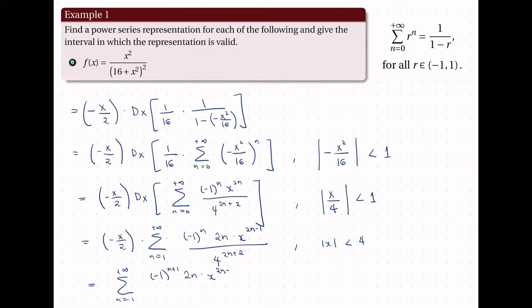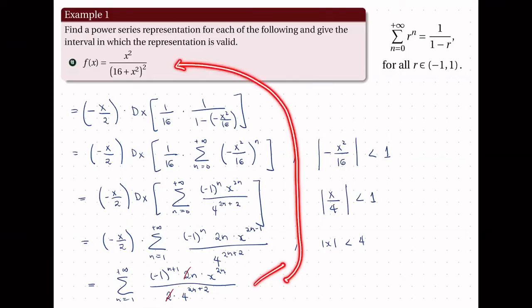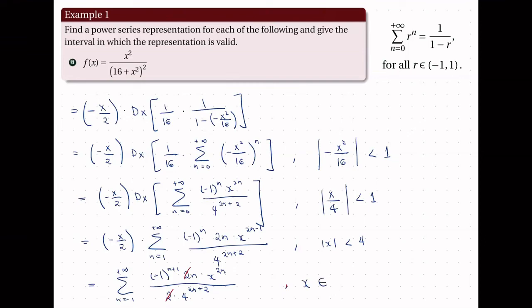Magiging 2n na lang. Dahil may x tayo dito. Over 2 times 4 raised to 2n plus 2. Okay? Here, itong 2 ay magka-cancel. So this is our power series representation for this function. Okay? And yung possible na interval of convergence nito ay yung open interval negative 4 to 4.